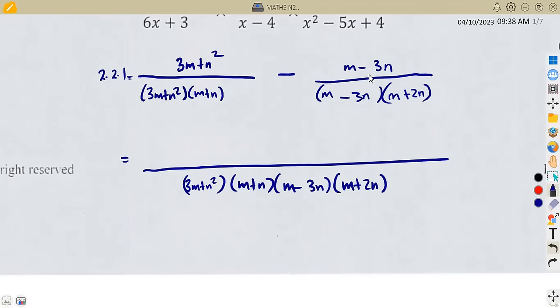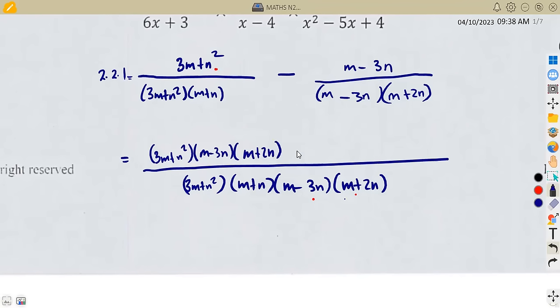All right, so let's divide back. Remember, it's your LCM divided by the denominator. So these two brackets will cancel, they are the same. Meaning to say we are going to remain with this bracket and also multiplied to the numerator. So we are going to have this as 3m plus n squared in the numerator, then remaining with these two brackets of m minus 3n into m plus 2n like this.